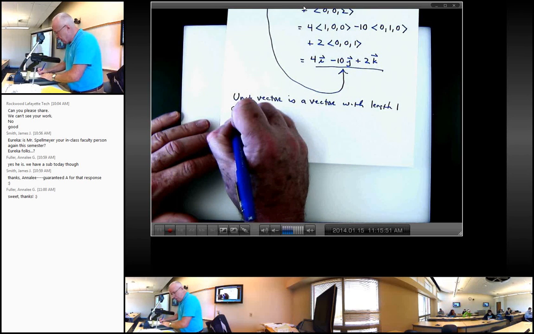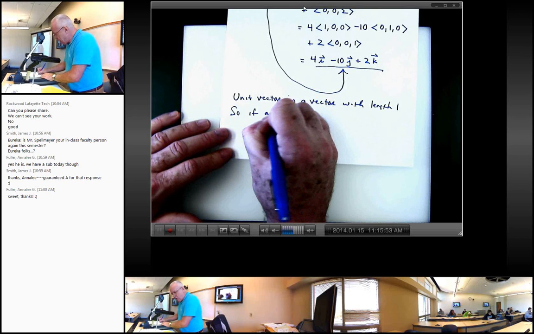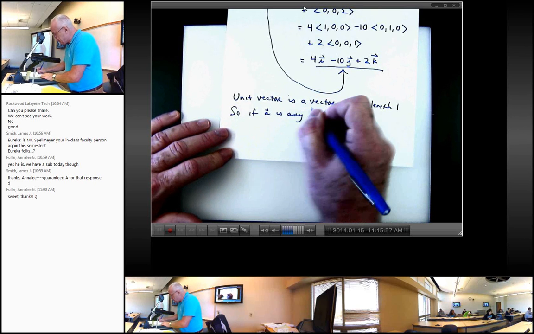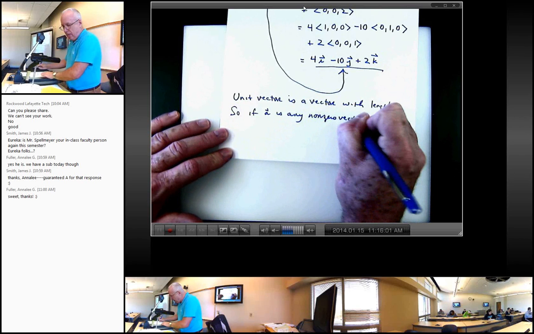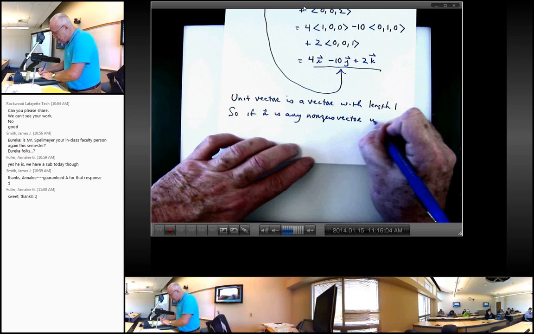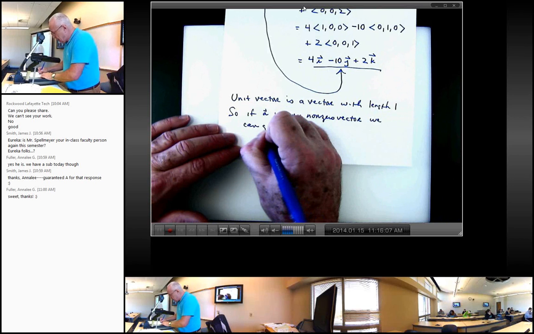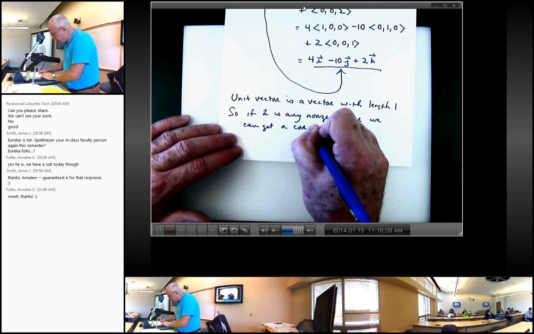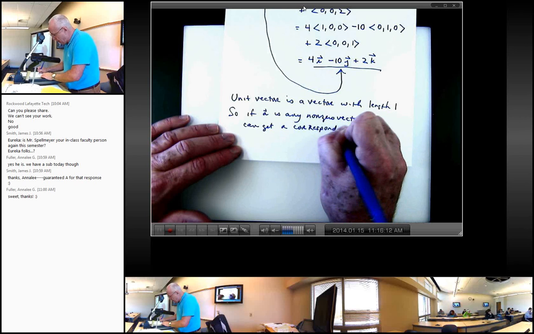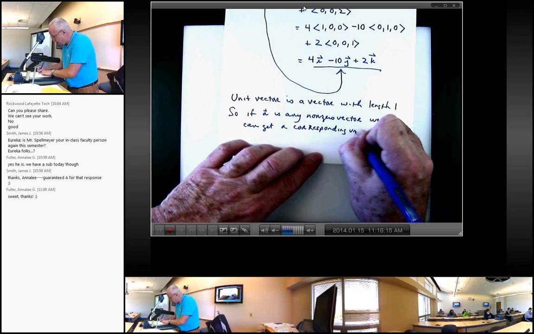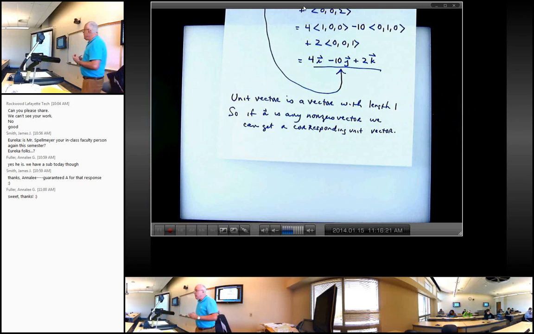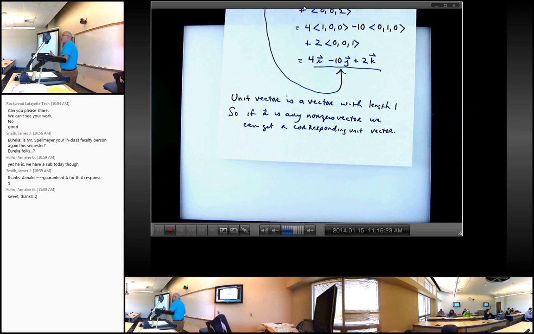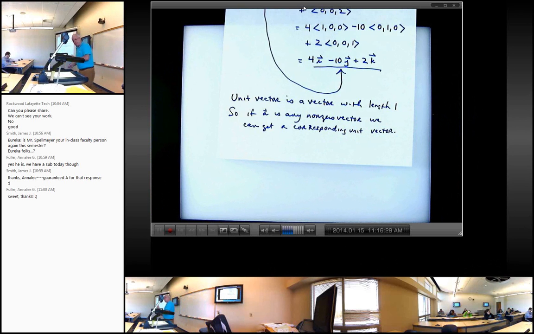So if A with an arrow is any, now we're only interested here in non-zero vectors, we can get a corresponding unit vector. And the way that we do this is we multiply out front by 1 divided by the magnitude of the vector.